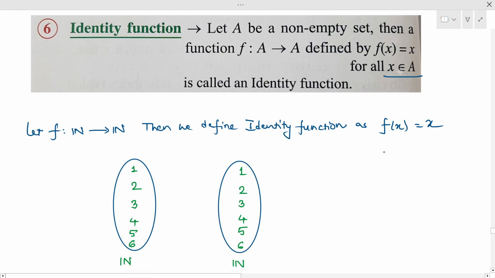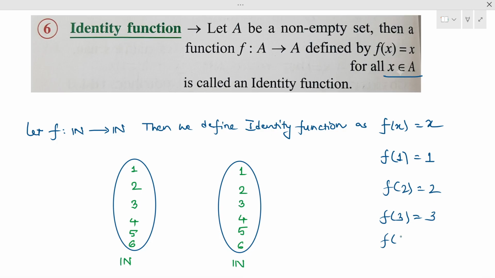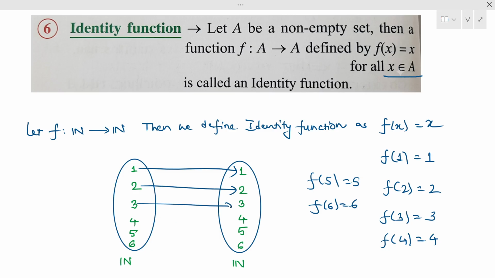So now what does it mean? It means f(1) will be 1, f(2) will be 2, f(3) will be 3, right? f(4) will be 4, f(5) will be 5 and f(6) will be 6. Means each and every element maps to itself. 1 goes to 1, 2 goes to 2, 3 goes to 3, 4 goes to 4, 5 goes to 5, 6 goes to 6.